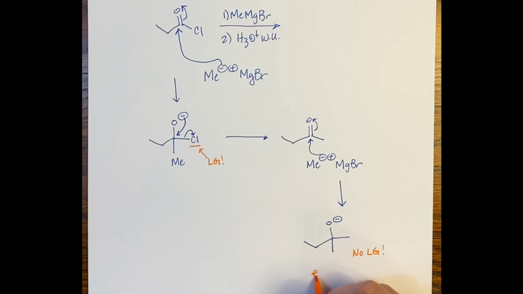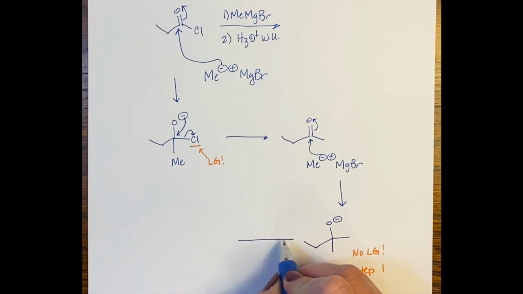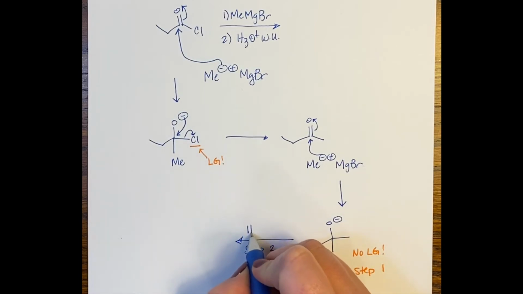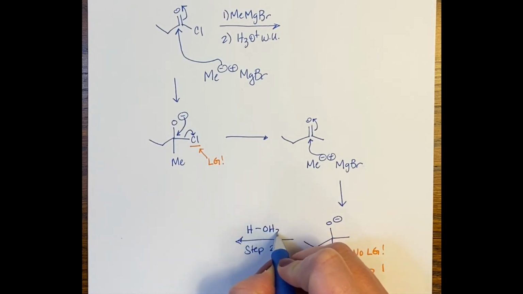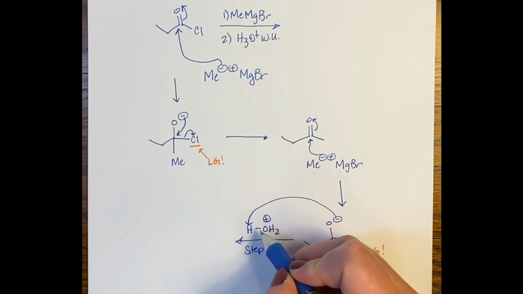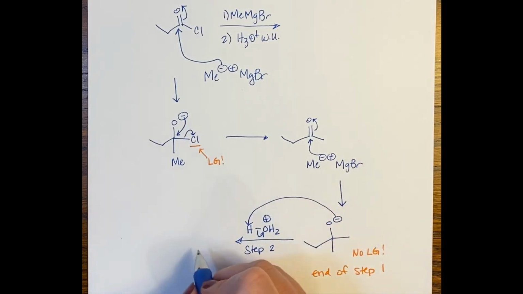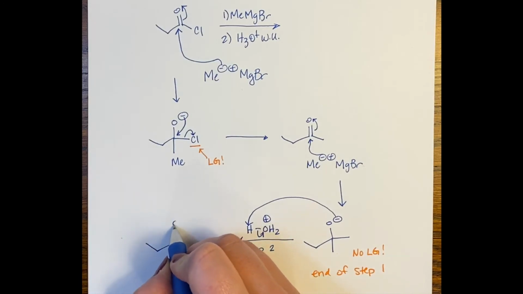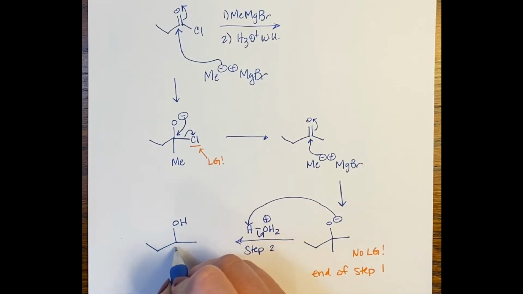So this is what I have at the end of step 1 in this reaction. In step 2, when I introduce my acid workup, this oxygen will pick up a proton and give me my final product out of this reaction, which is going to be a tertiary alcohol.